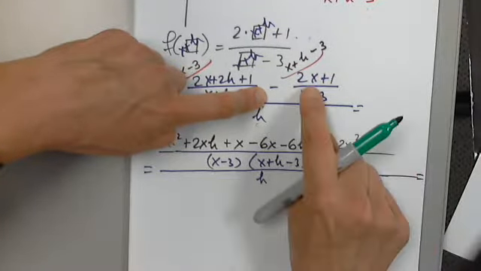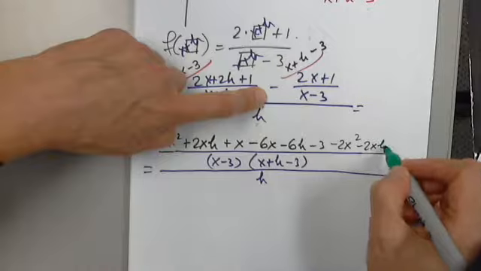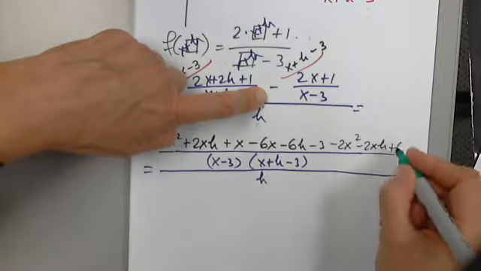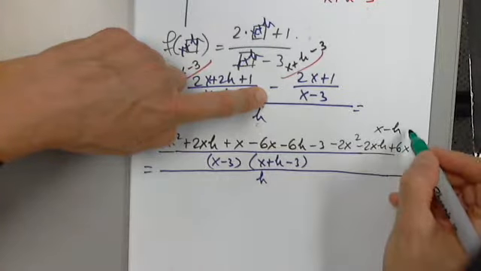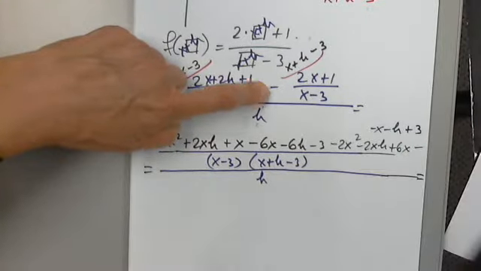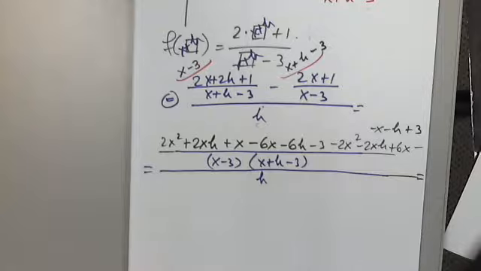Perfect. And then -2xh. Very good. Plus 6x. Very good. Minus x minus h plus 3. Very good. I always run out of room. You will always see that. So this does not mean minus minus. This only says to me something else follows. Look for it. Okay, this is not minus minus.